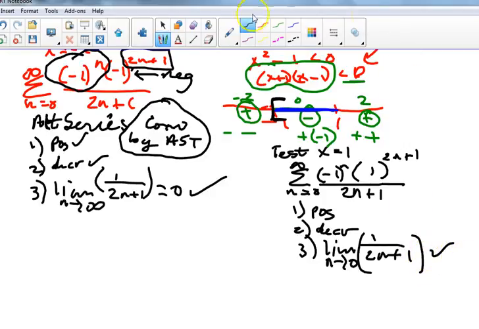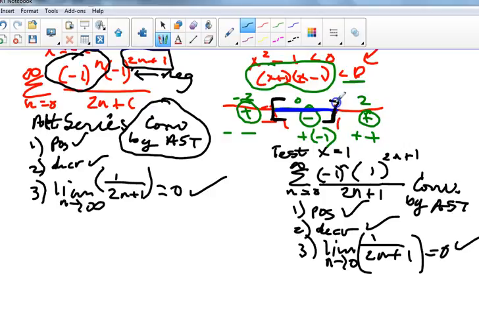Oh, equals 0. So let me get rid of that. And then I shall check mark the ones that work. So this is equals 0. Why, yes, it's positive. It's decreasing. The limit is 0. So I'm going to also conclude it converges by alternating series test.